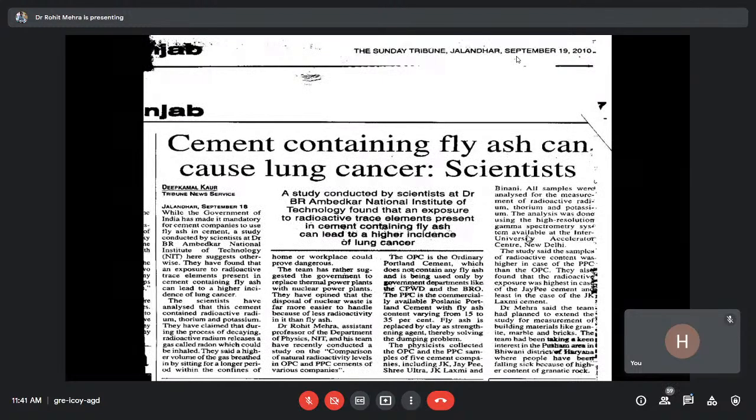But to your surprise, ultimately they had to pay us a compensation of around 3 lakh each by all these five companies and give a research project to us, so that we could work out what the actual limit should be set for the fly ash so that the radiation level doesn't exceed the permissible limits.